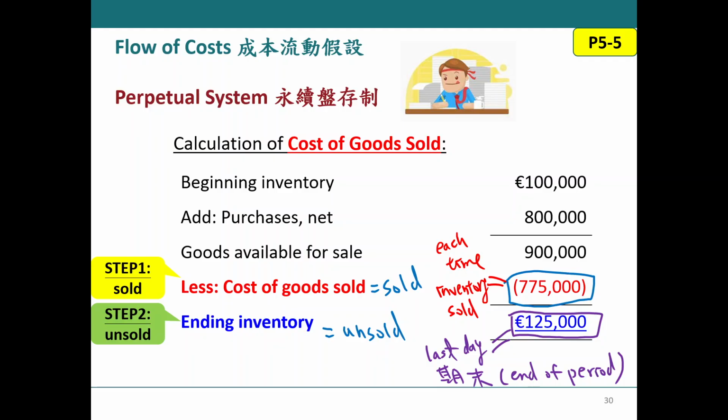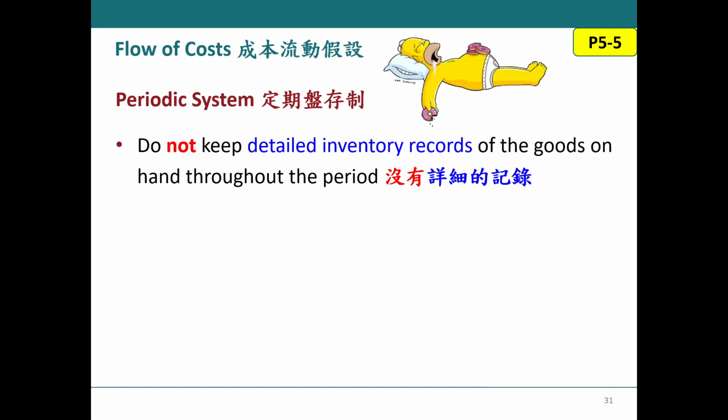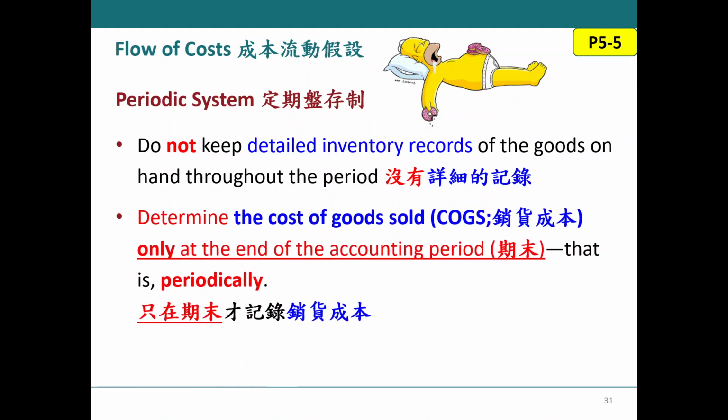So you are forced to study the last day. So the same. For periodic, we don't have a detailed inventory record, right? Because we don't want to do it until the last day, okay? So you only do the difficult job, cost of goods sold, when? On the last day.